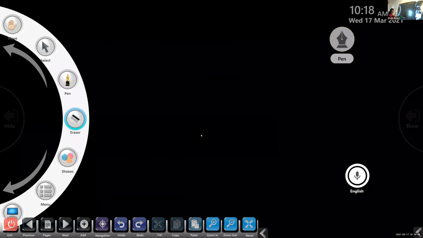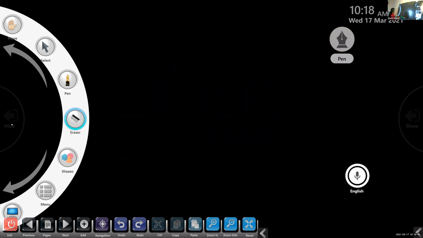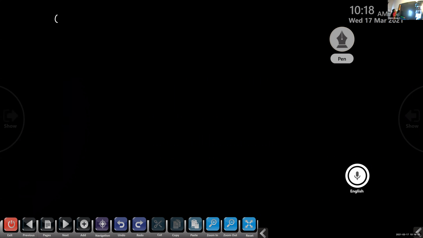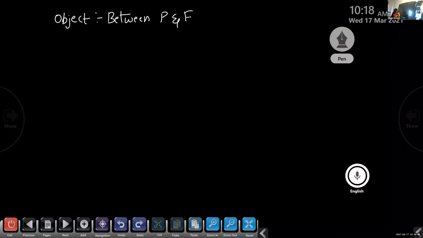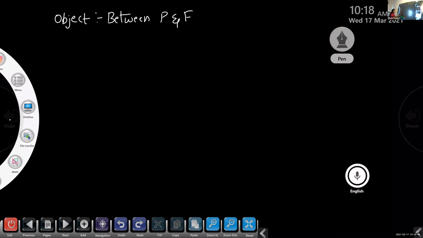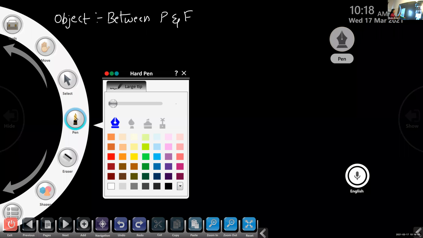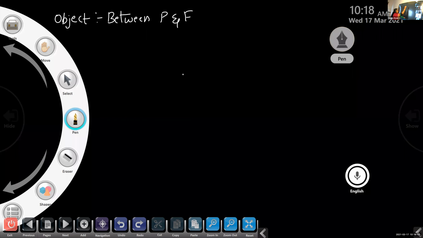Now we can discuss the last case, that is, the object is between P and F. In order to draw the ray diagram, we consider the concave mirror first and mark all its points.